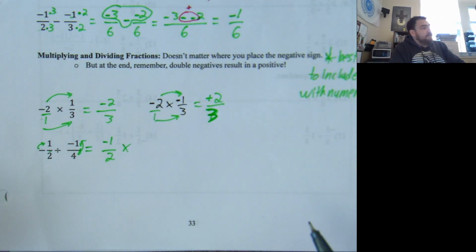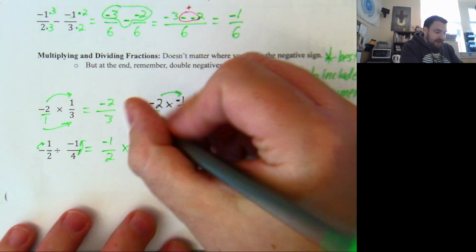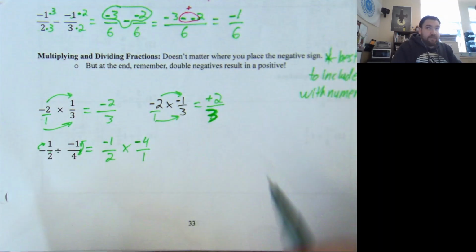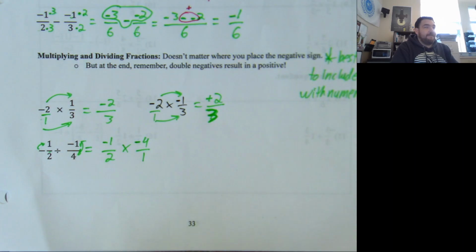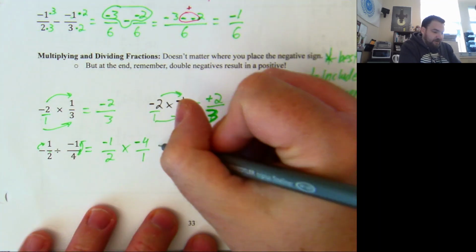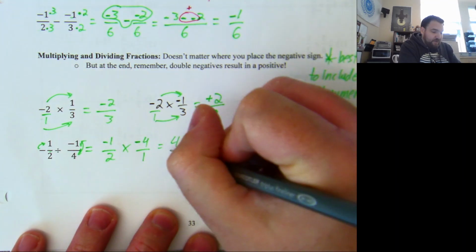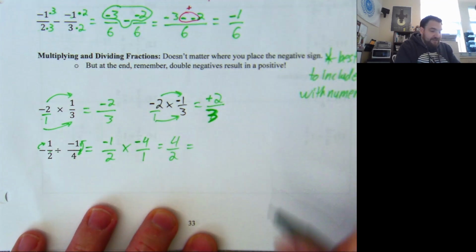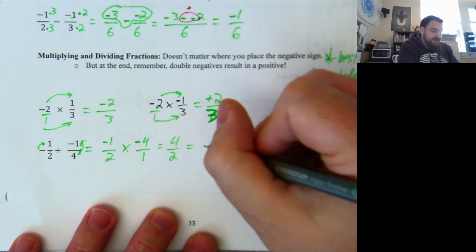When we flip it, because it doesn't matter where the negative sign is in the fraction, leave it in the numerator. So negative 1 over 4 is going to become negative 4 over 1. And then negative 1 times negative 4 is 4. 2 times 1 is 2. And now I've got to simplify this thing. 4 over 2 is just going to be 2.